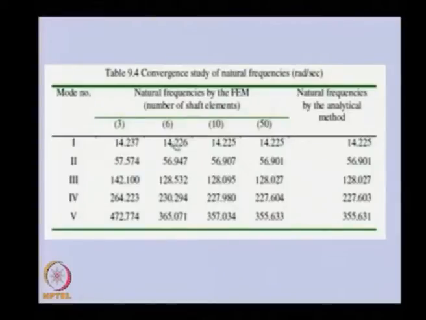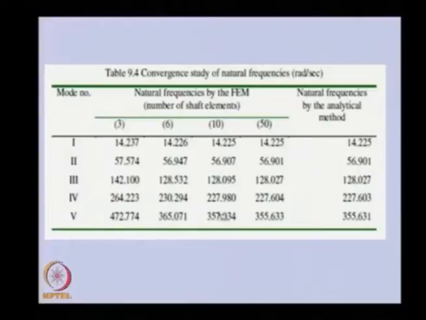If we want to find out whether 6 elements are enough or we need more elements, let us take 10 elements. If we take 10 elements, we will see that the third is also now reasonably okay, not much change. The fourth also has not much change, but for the fifth there is change.